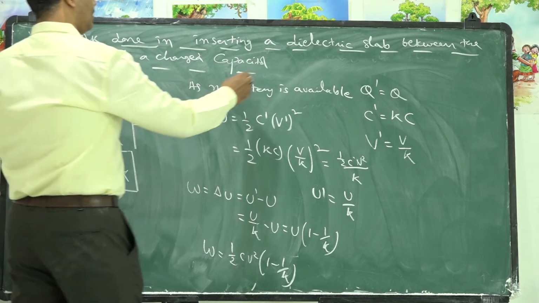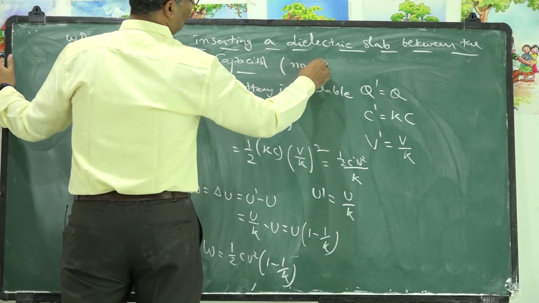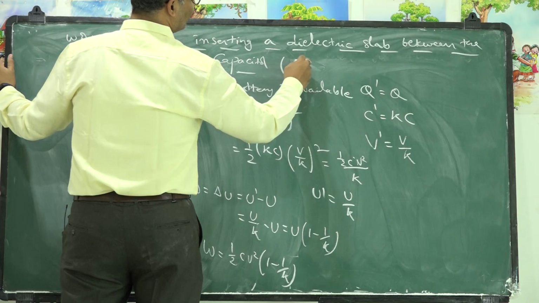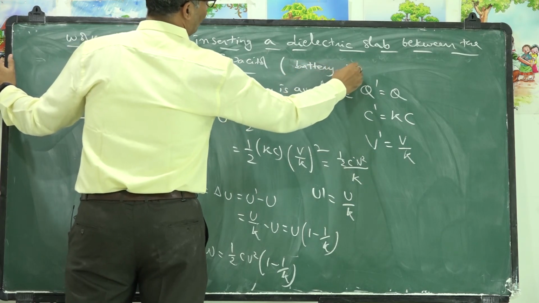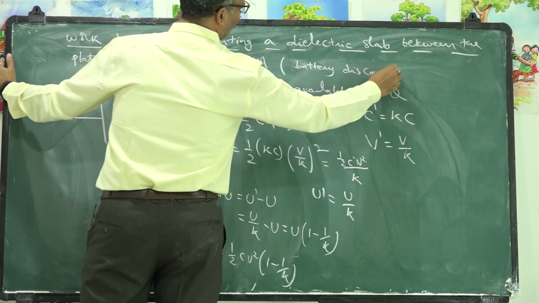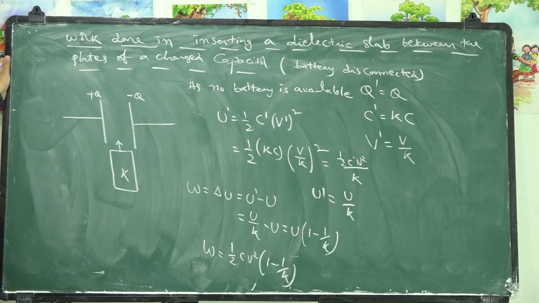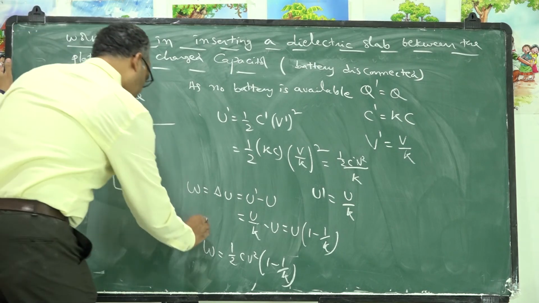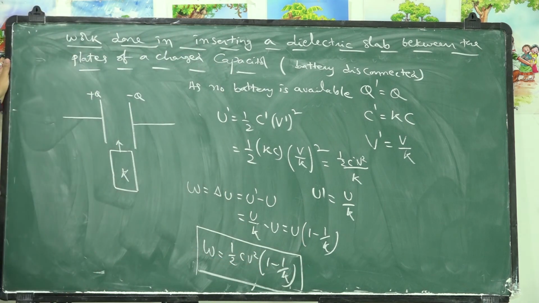This is the situation where no battery is available, or the battery gets disconnected. If the battery is still connected, what is the work done? We will calculate. This is the work done for inserting a dielectric slab between the plates of a capacitor in the absence of battery.